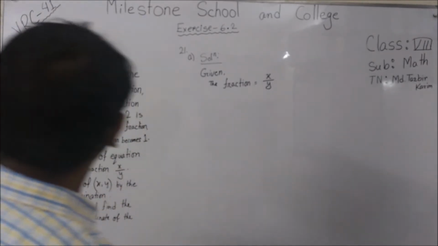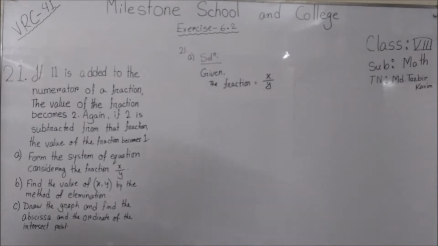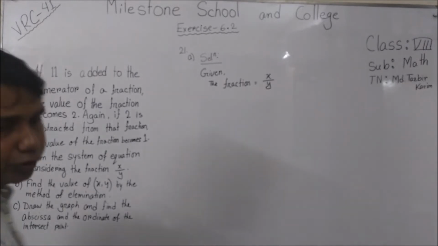The first statement: if 11 is added to the numerator. So what is the numerator here? X. So if you add 11 with x, that means x plus 11, the value of the fraction becomes 2.